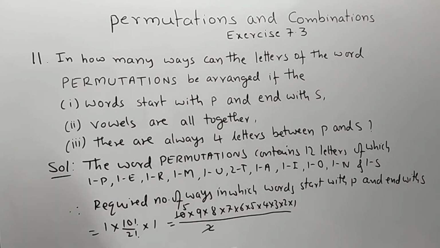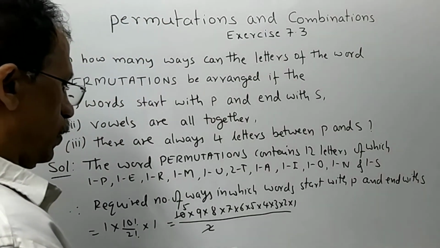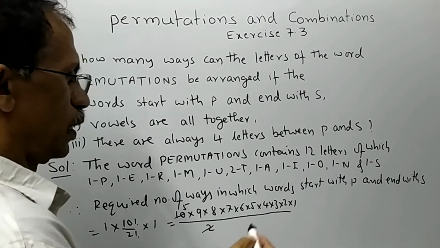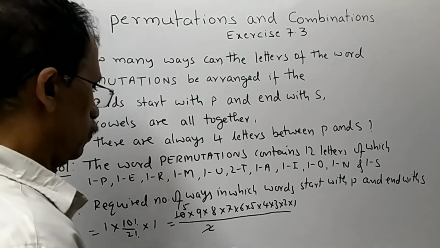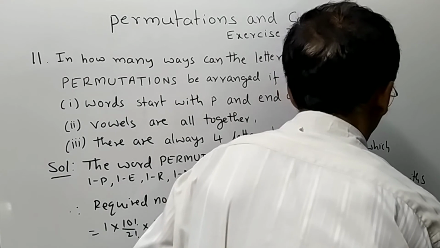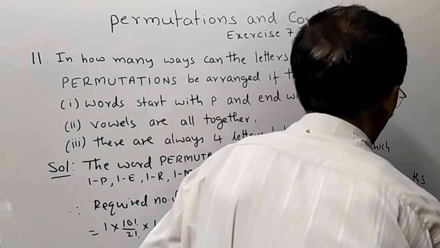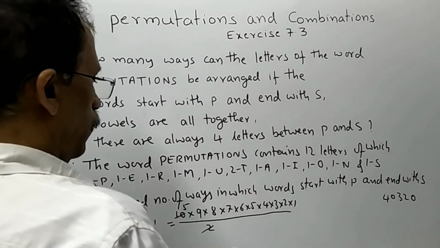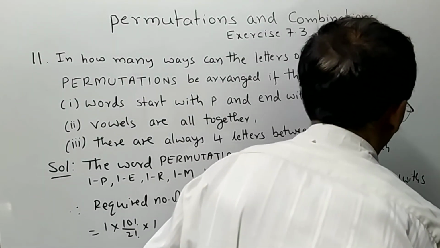I hope you know the value of factorial 8. Already I have calculated the value of factorial 8. If you have not remembered, then you can calculate now. That is 40,320. 9 into 5, 45.